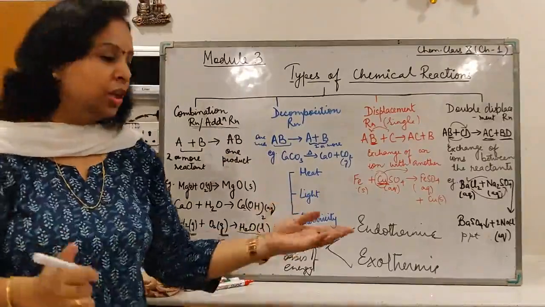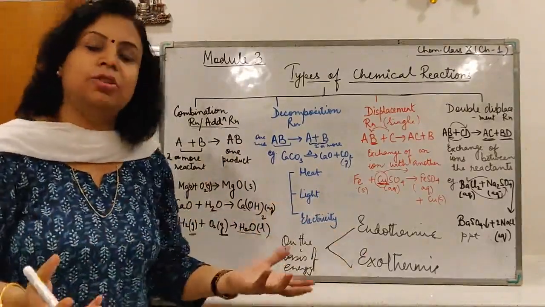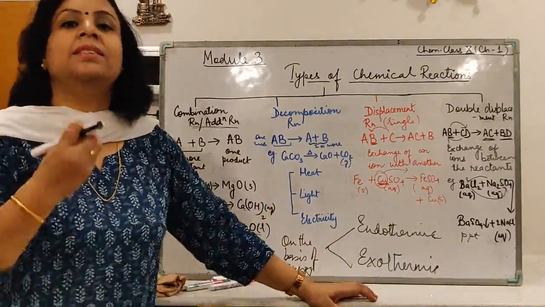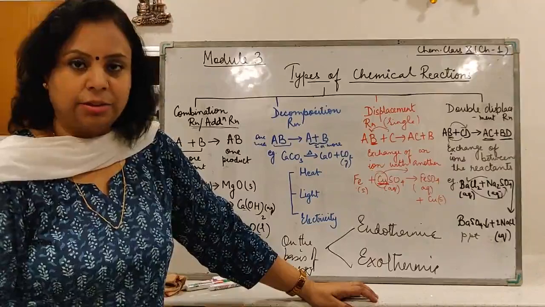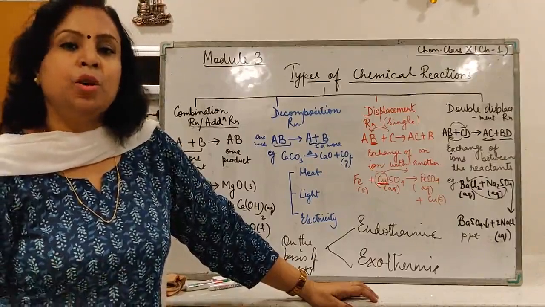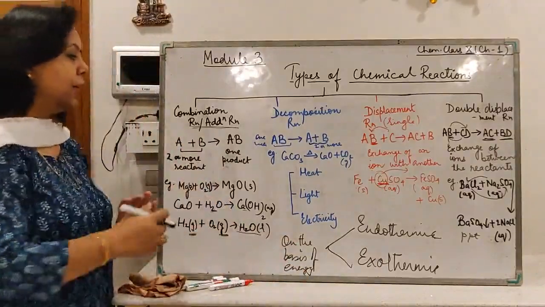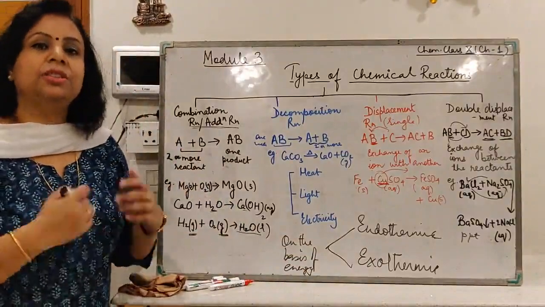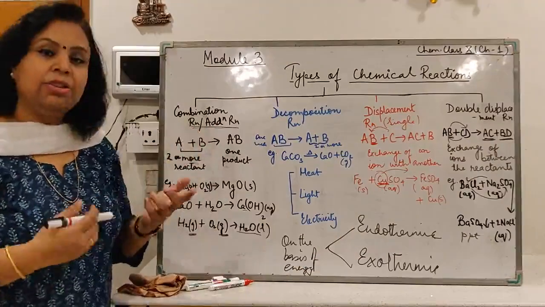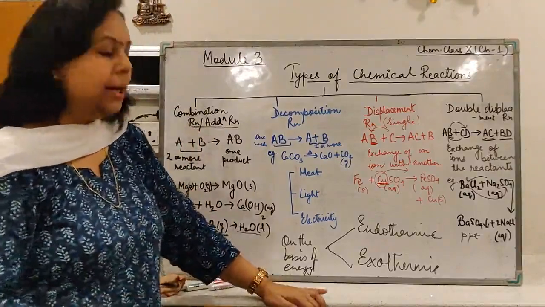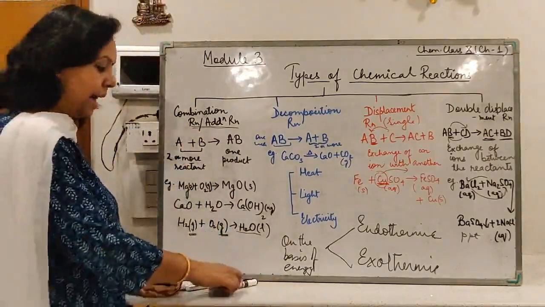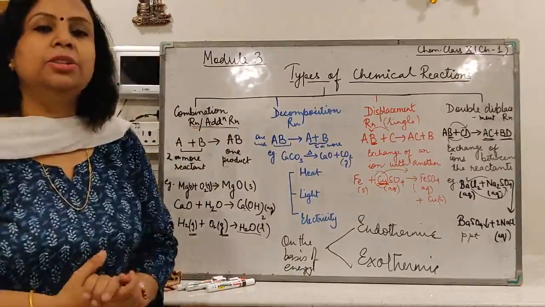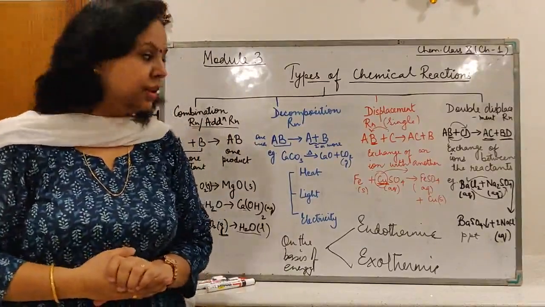Exo means coming out. When there is release of energy, then the reactions will be known as exothermic reaction. Now, in the coming modules, we are going to see how the addition reactions, combination reactions are mostly exothermic in nature. So, I feel that you have understood the types of chemical reactions.